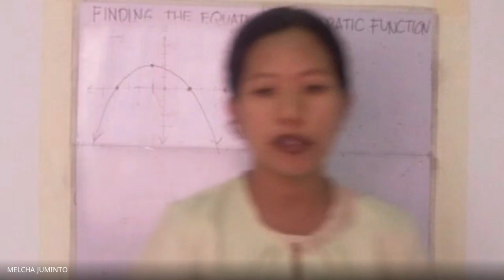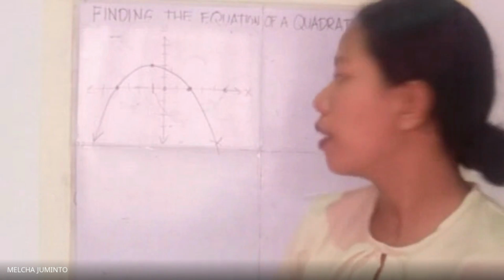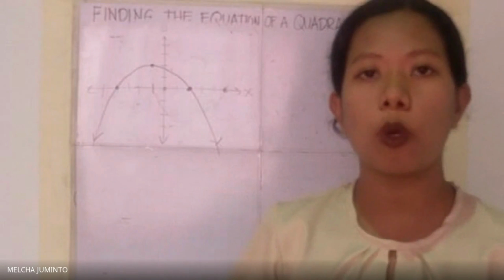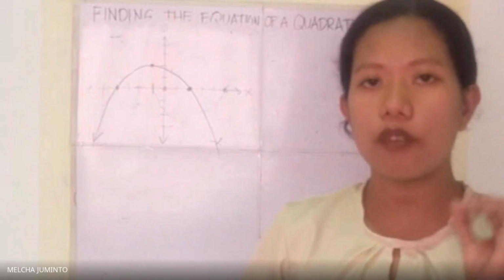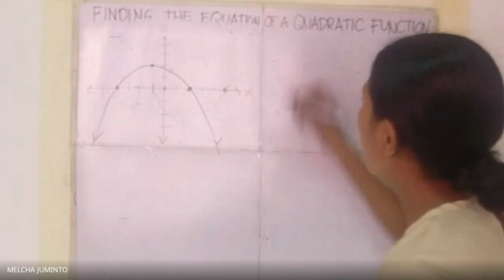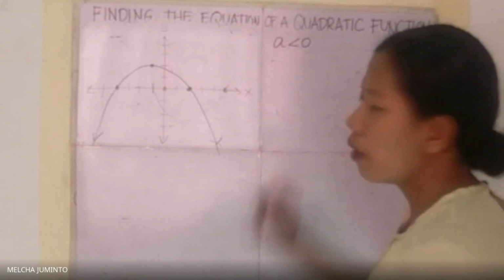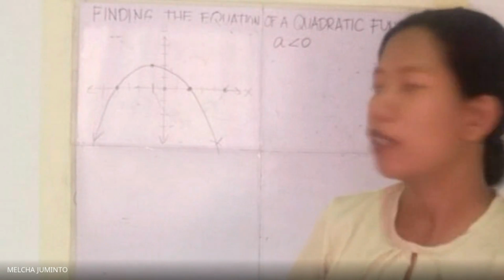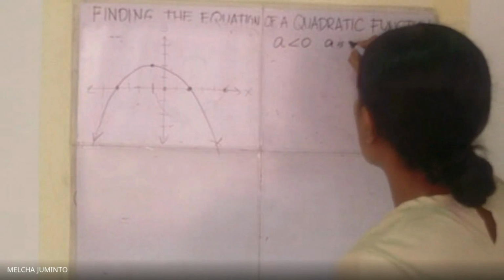Okay, let's say, for example, this is the given graph, a parabola that opens downward. From the given graph itself, we can already determine that a here is negative, or less than 0, because the graph opens downward. So a is less than 0, or a is negative.